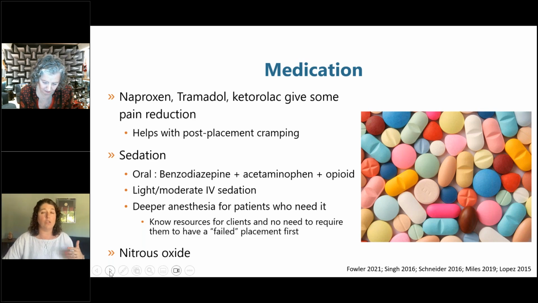What are the pain strategies that they didn't recommend and why? Ones that they didn't recommend mostly just because we don't have enough research, and nitrous fell into that category. But certainly, if you have access to it, some clinics have access to it and are offering it for a small fee for clients.